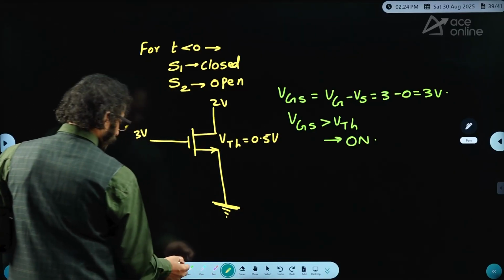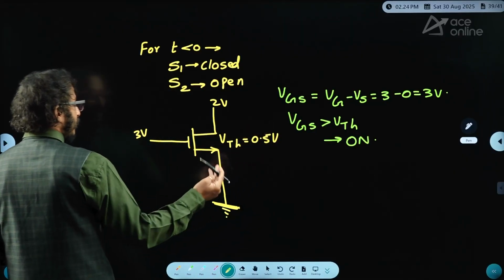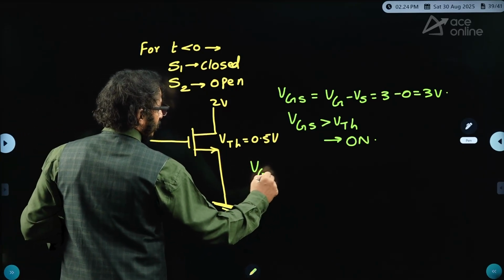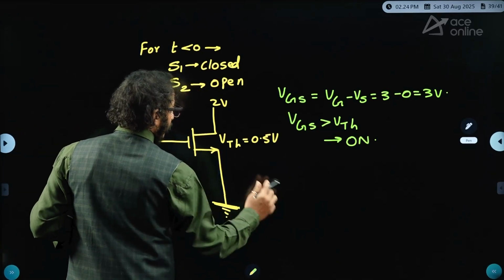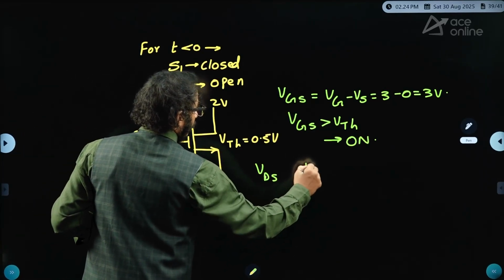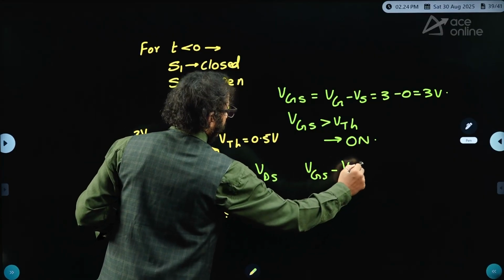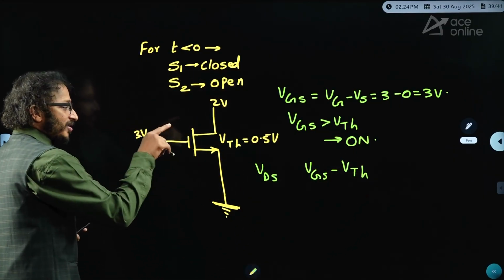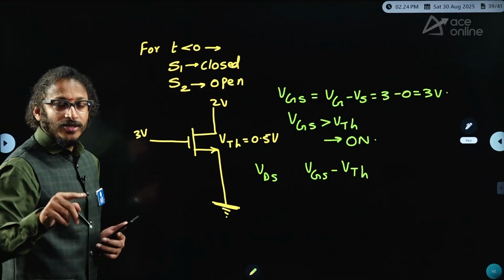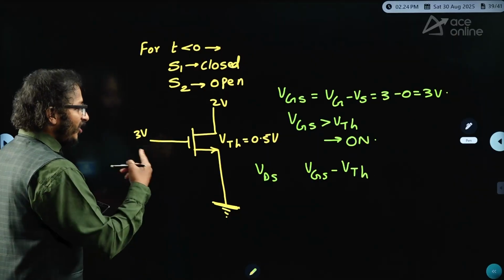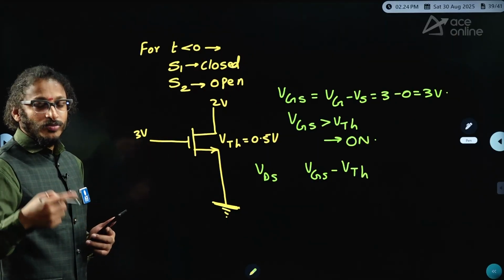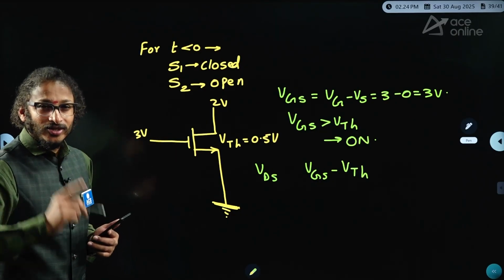What is VDS and VGS minus VTH? If VDS is greater than VGS minus VTH, the Q point is in saturation. If VDS is less than VGS minus VTH, the Q point is in linear.